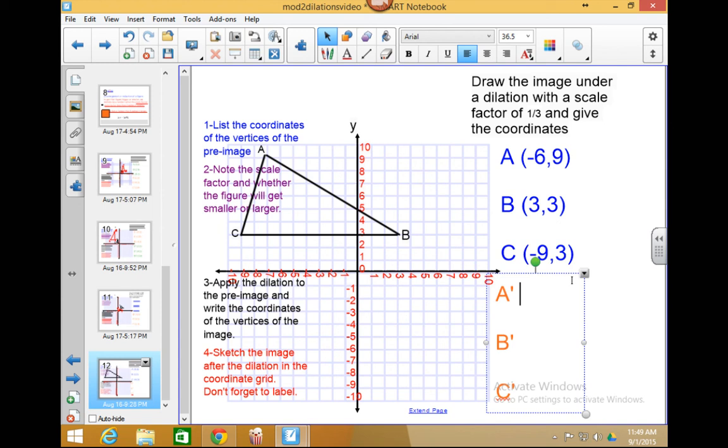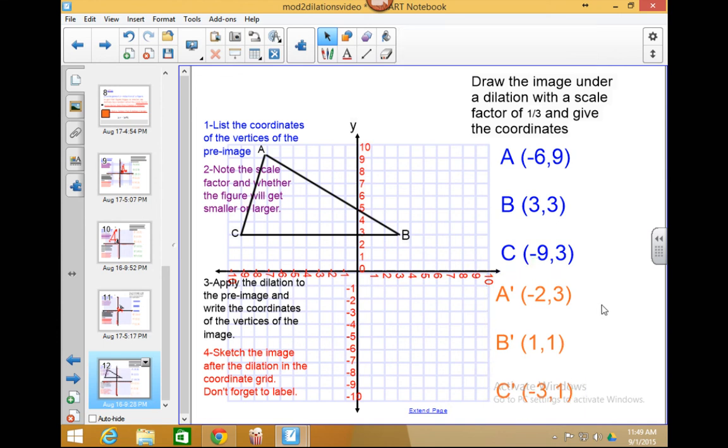You can either type into your calculator -6 times 1/3, or you could do -6 divided by 3. That will give you the same answer. Same thing applies for the other numbers. You are just dividing by 3, but since we know that a dilation is a multiplication, we're going to think of it as multiplying by 1/3. Okay, we have our points.